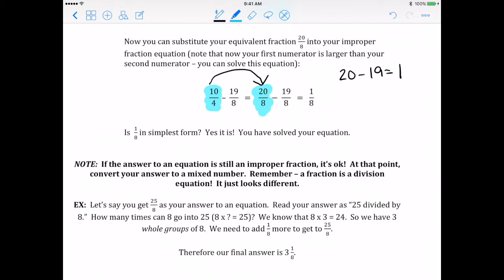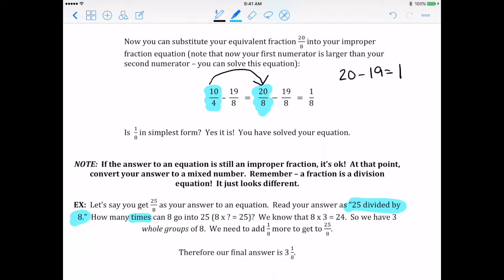So for example, let's say you get 25/8 as your answer to an equation. Read your answer as 25 divided by 8. Well, now you can ask yourself, how many times, there's that word times, can 8 go into 25? Or 8 times what number equals 25? Well, we know that 8 times 3 is 24.